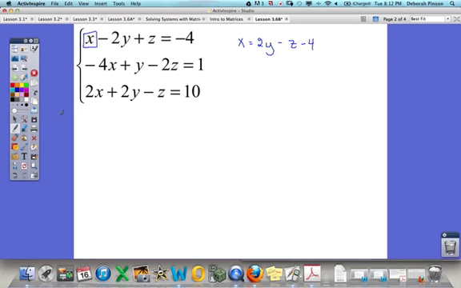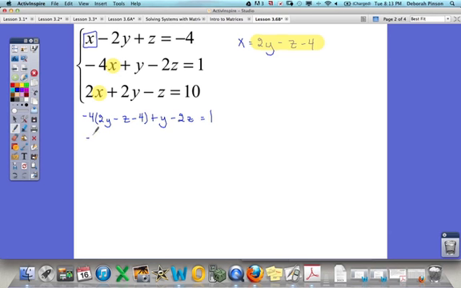Okay, now what I'm going to do is take the value that x equals and plug it in for the x in the other two equations. So here is that first one, or it's really the second one, but here's the first one I'm plugging into. Plus y minus 2z equals 1. Okay, now that's great.